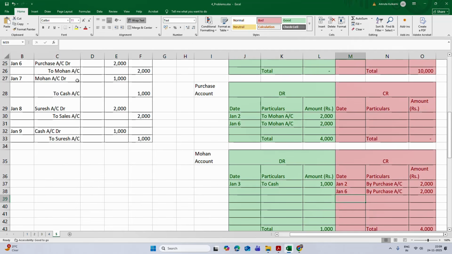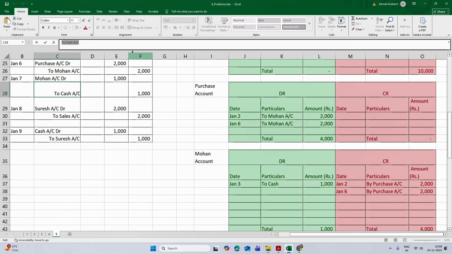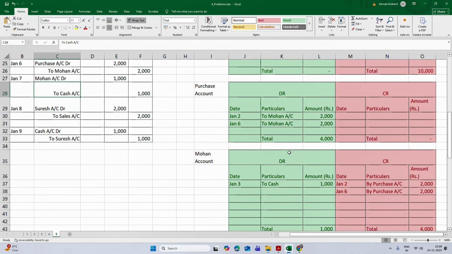Then on Jan 7, Mohan account is debited to cash account rupees 1000. So Mohan account on Jan 7, that is to cash, how much?